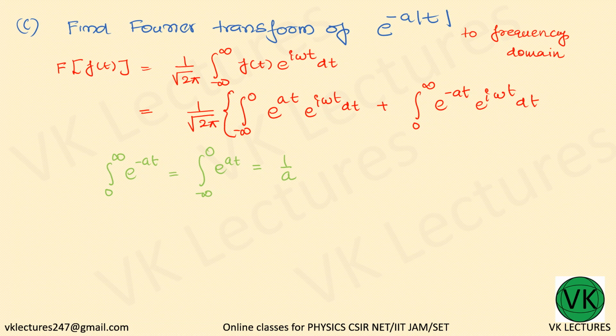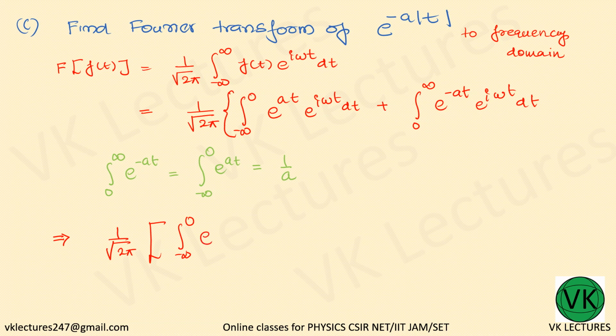This integral, what can we write? 1 divided by root of 2 pi, integral from minus infinity to 0 of e to the power a t and e to the power i omega t.